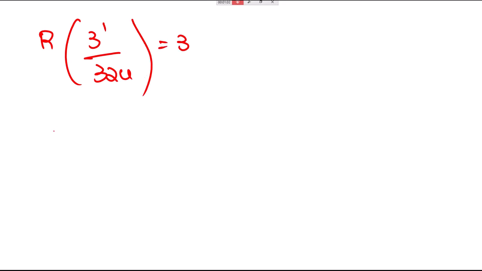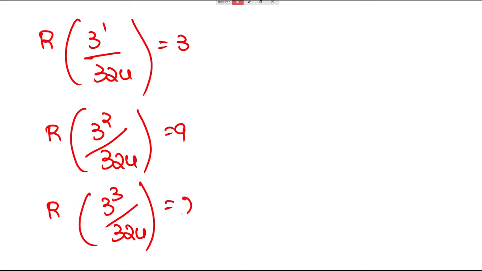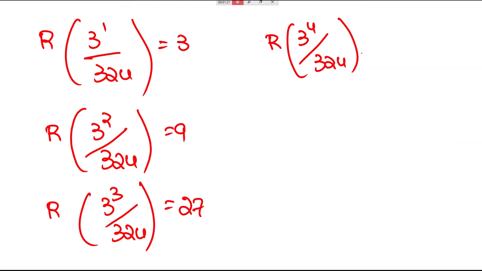Let's see this. 3 power 1 divided by 324: numerator less than denominator, remainder is 3. Then 3 power 2 divided by 324 is 9. 3 power 3 divided by 324, we got 27, still numerator less than denominator. 3 power 4 divided by 324 is 81, numerator less than denominator.